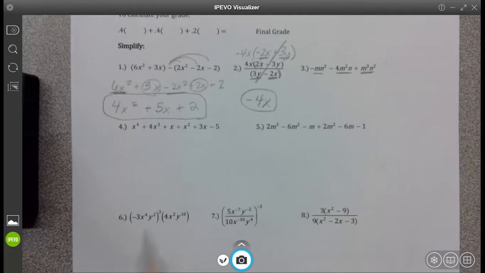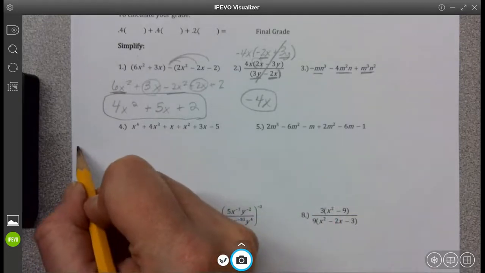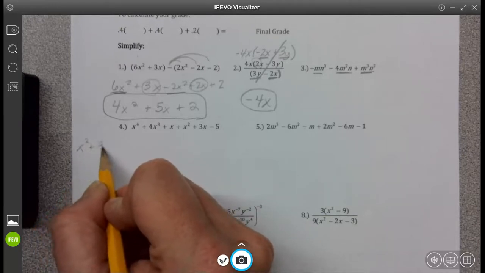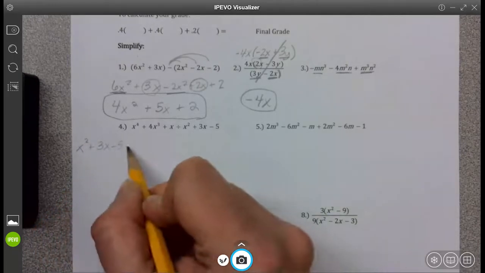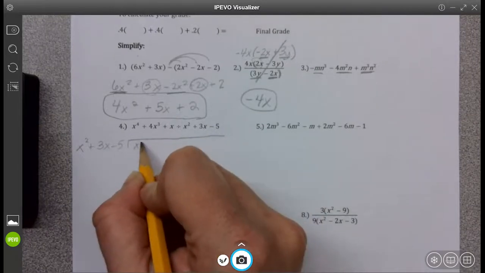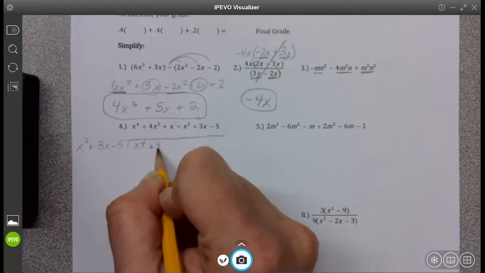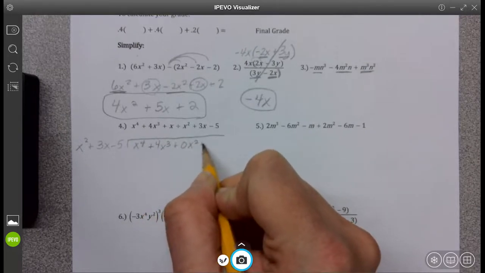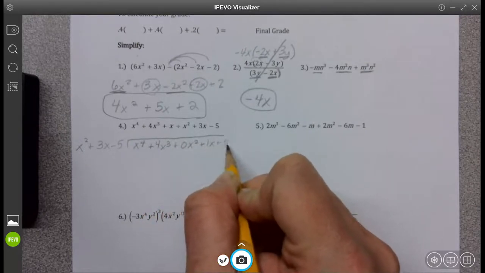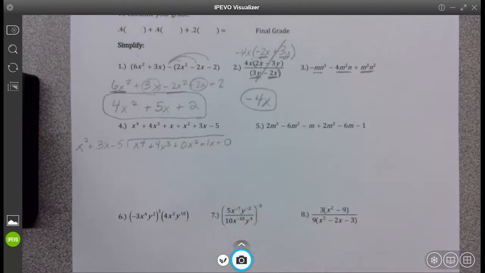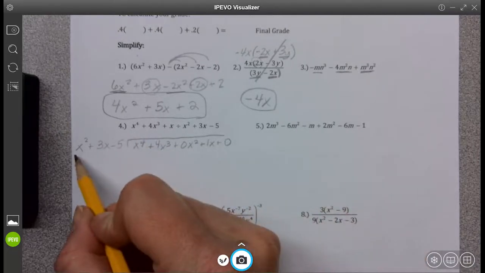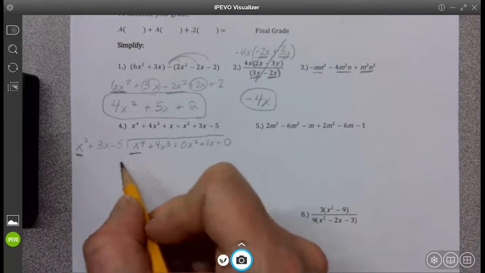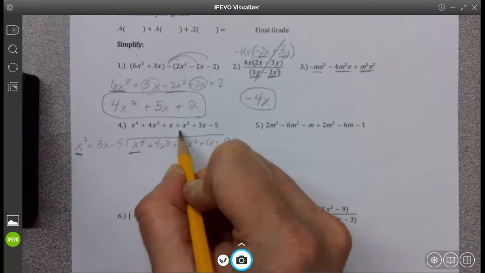Number 4, it's going to be long division. Or factor if you can, but let's just use long division because I'm not sure if it's factorable. X to the 4th, x to the 3rd. There's nothing x squared, so we're going to make it 0. A positive 1x, and there's no constant. Okay, so x squared goes in x to the 4th twice, so I need 2 more x's.